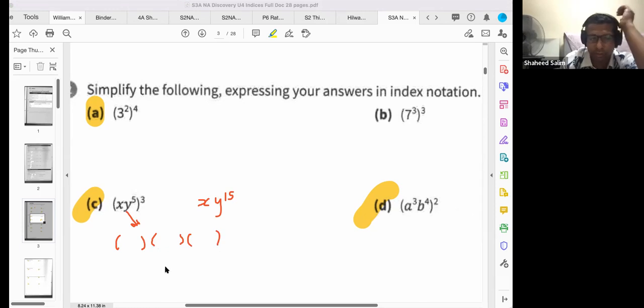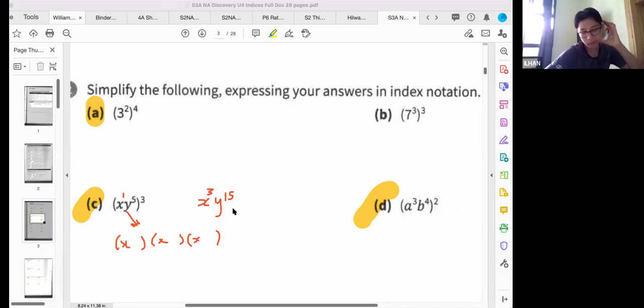So it appears 3 times, and you have x down here, x down here, and x down here. So you must remember there's a power of 1. 1 times 3, your final answer x to the power of 3. y^15, because there's y^5, so y^15. Are you okay with this one? Yeah. Okay, what about D?